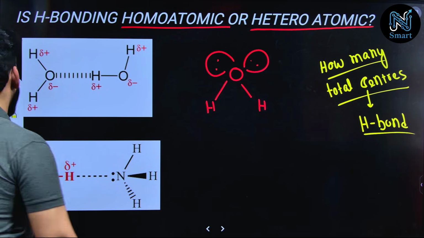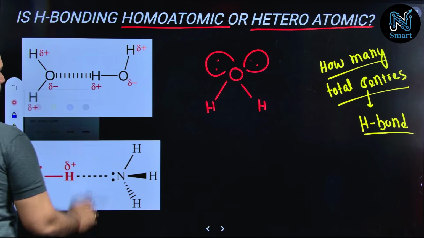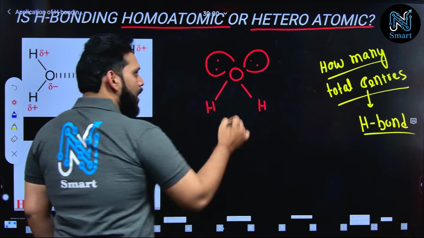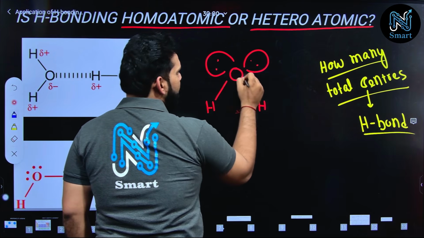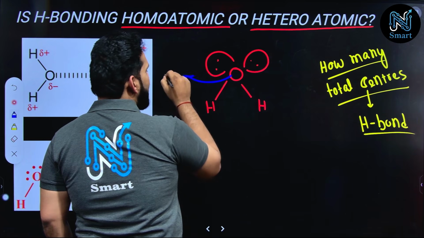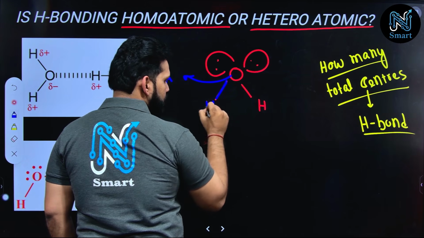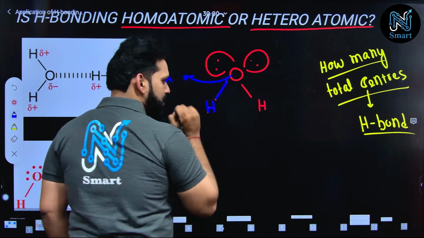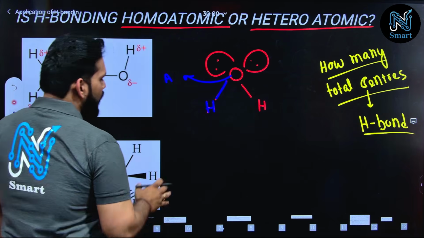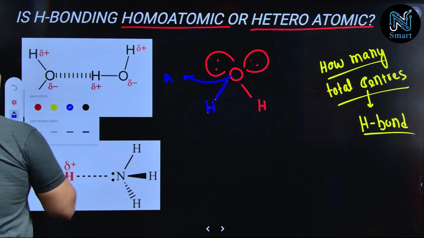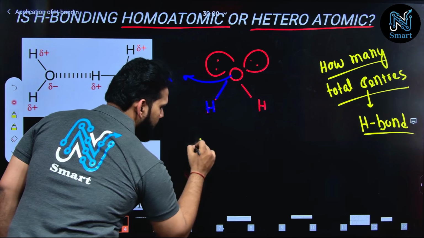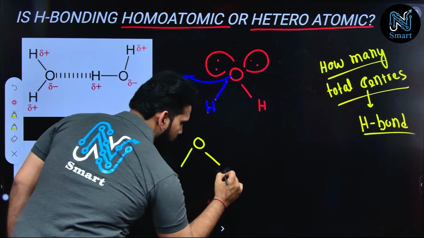Okay, now let's try it out. See, if I consider this guy as my A, then this will be your H. So this is my A, this is my H. If I draw a water molecule now beneath it, in the same way, like this.